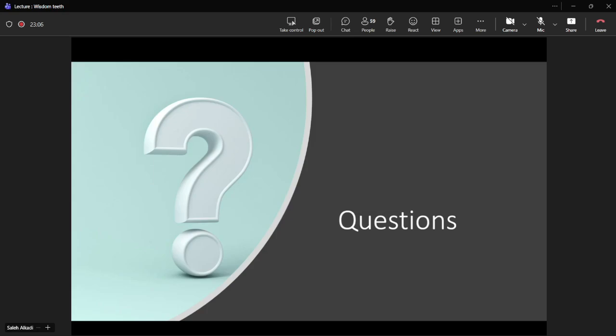You need to know the indications for removal of wisdom teeth, when to remove and when to decide not to remove them, risks versus benefits, alternative options to surgical extraction, and complications related to wisdom teeth extraction. This is very important because you need to inform your patients about potential complications that may arise from third molar surgery. You need to know how to deal with these complications.